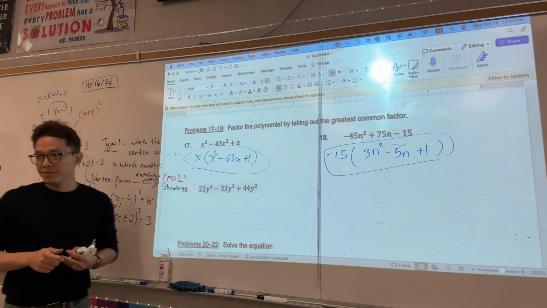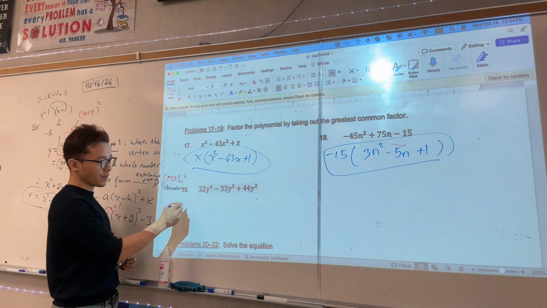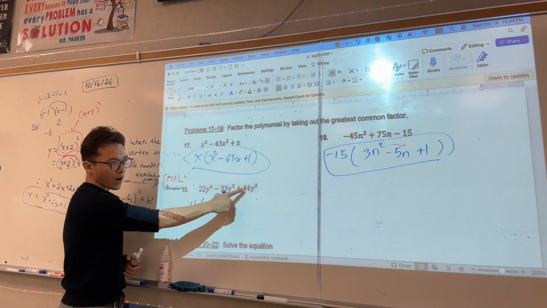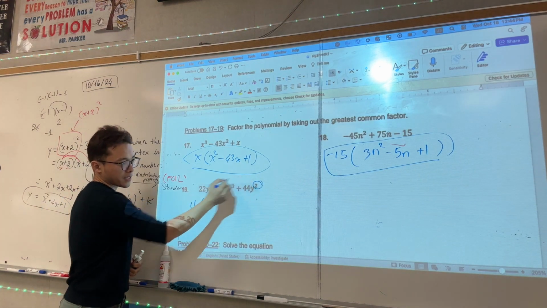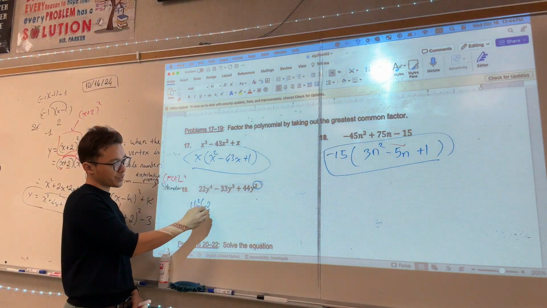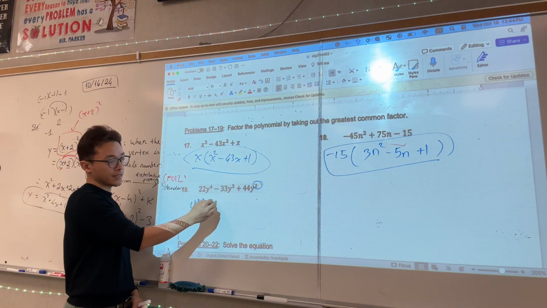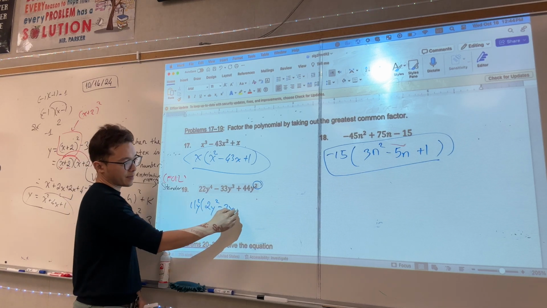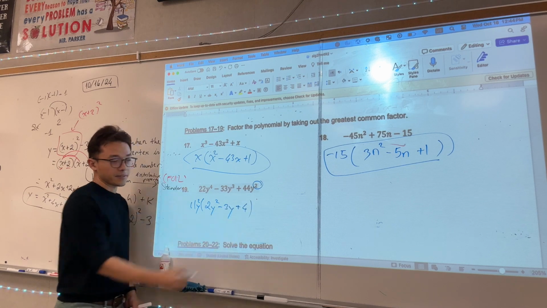19. 11, right? And letter? y squared. They all have the letter. The smaller power is here, so y squared out. What do we have left? 2y squared minus 3y plus 4.